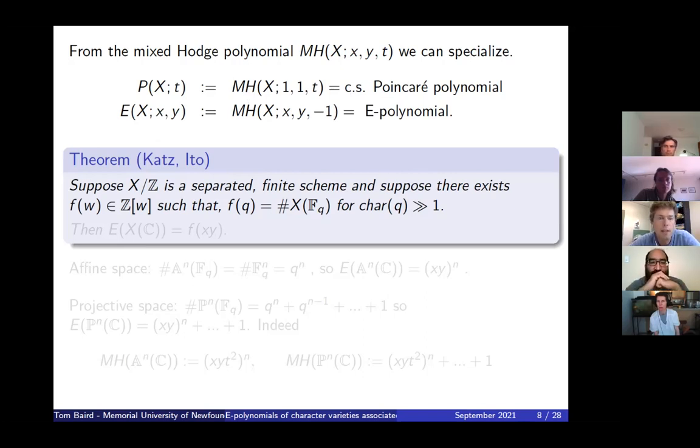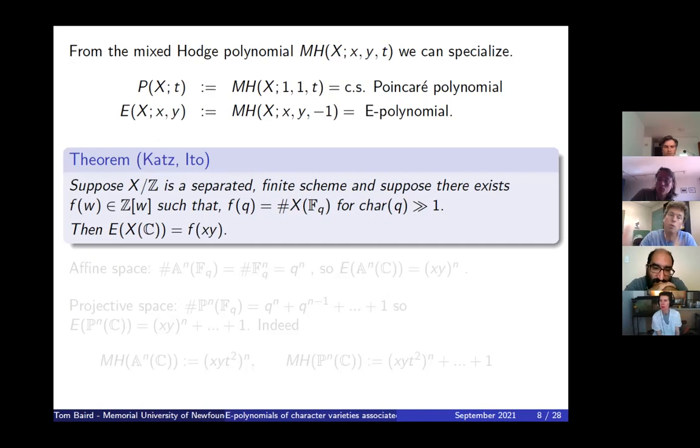Okay. And so with these hypotheses, the E polynomial of the complex variety associated to this scheme is obtained by taking that same polynomial that was giving you the point counts and just replacing the variable by x times y. It's reminiscent of the Weil conjectures.